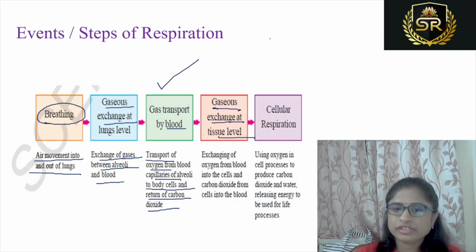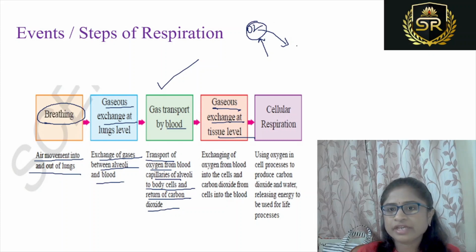First, oxygen from the blood is entering into the cells, and from the cell the carbon dioxide is coming out. This is called gaseous exchange at the cellular level, at the tissue level.